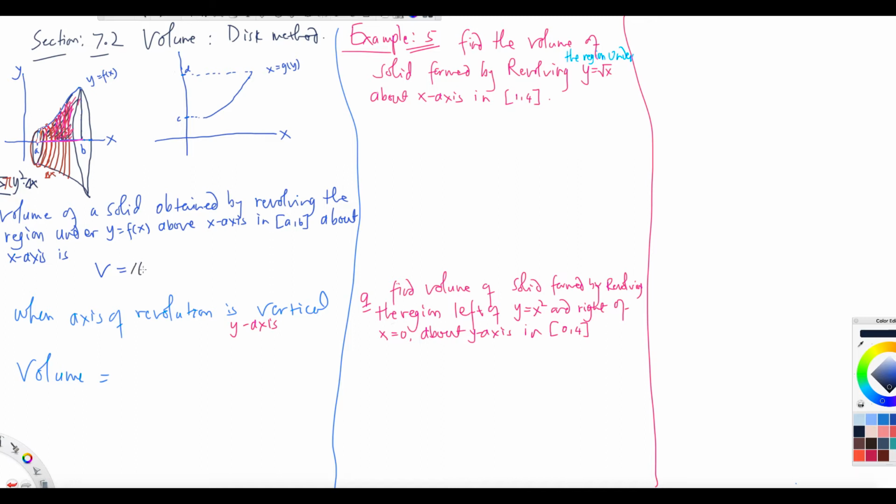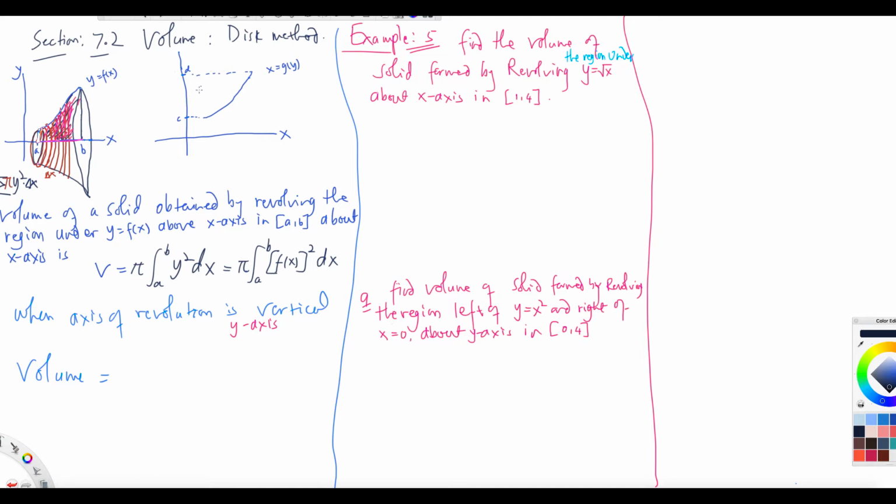So you write pi times the integral from a to b of y squared dx, because when delta x tends to 0, we write dx. Basically you can write this as pi, integral from a to b, of f of x, in brackets squared, dx. If you are rotating about the x-axis, that's what you get.